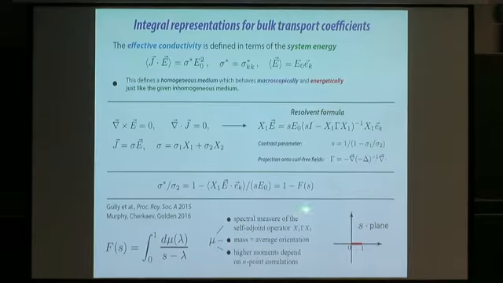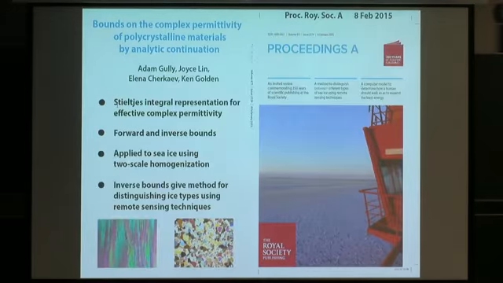Now it's the spectral measure of the self-adjoint operator x1 gamma x1, and the mass of that measure, the area under the curve, is the average orientation. And again, the higher moments depend on the endpoint correlation functions of the orientation statistics.